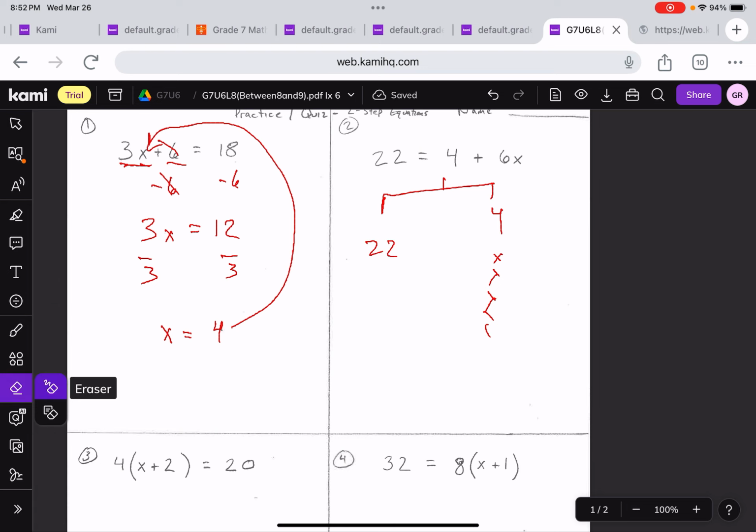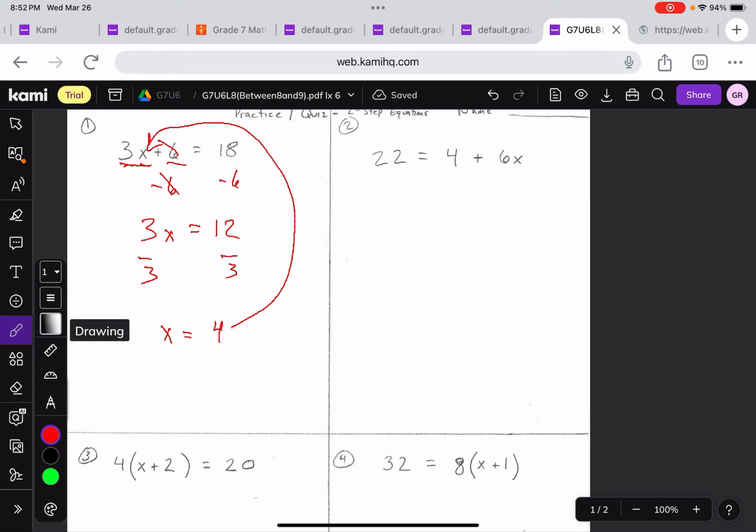But I don't have to if I don't want to, but if it helps, draw that or even draw a tape diagram. But our first step here actually is to get rid of 4. That's going to leave 18 on this side and 6x on this side.